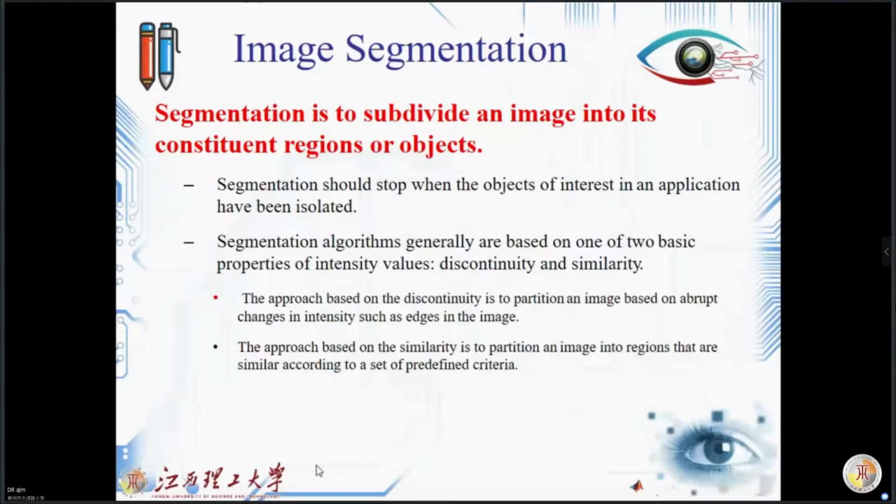Suppose in the region part, maybe I'm searching for a specific sun in some specific region in my picture. And in discontinuity, we may be searching for the edge which will be generated by the sun or by a specific object in my image.